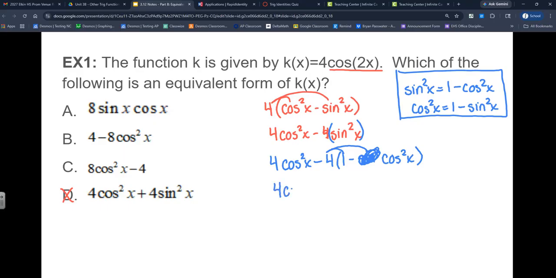So I've got 4 cosine squared x minus 4 plus 4 cosine squared x. Still not an answer choice, but do I have anything that I can combine here? Those cosine squared x's can be put together. I've got 4 cosine squared x plus 4 cosine squared x. That is going to give me 8 cosine squared x minus 4, and that is answer choice C.